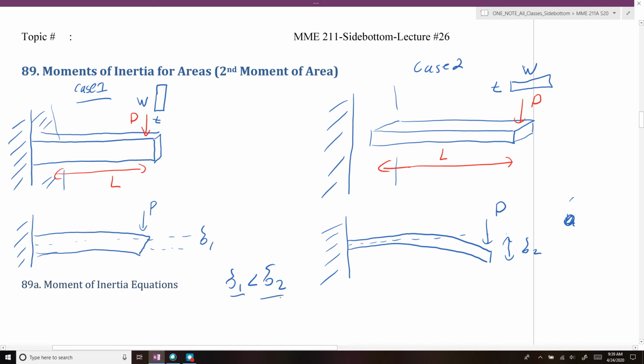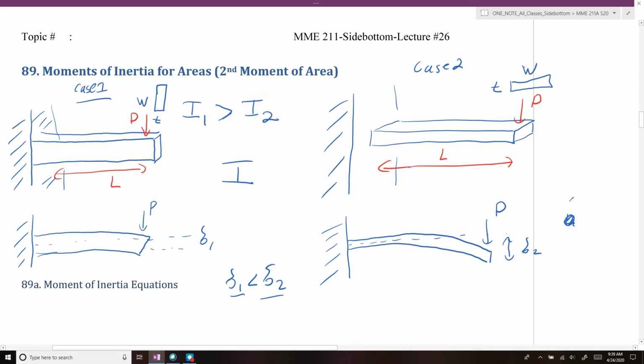The amount of deflection is going to be proportional to something called the moment of inertia, or the second moment of the area, which we're going to denote with a letter I. And the moment of inertia in this case is going to be much greater for case 1 than for case 2.